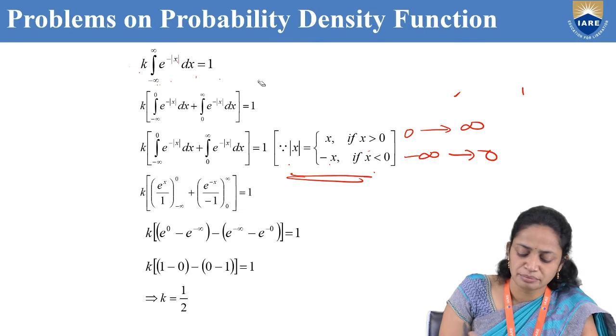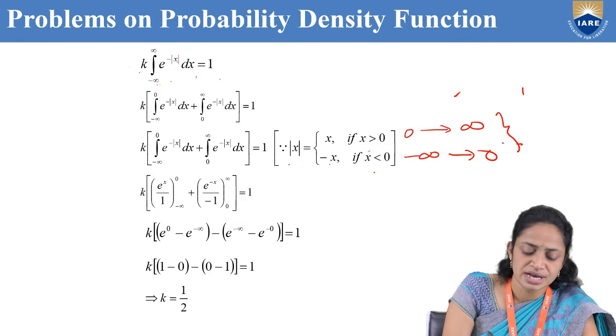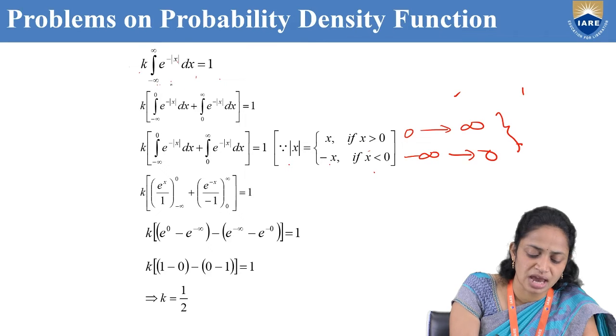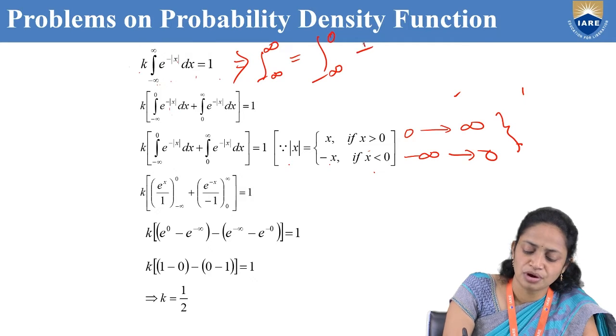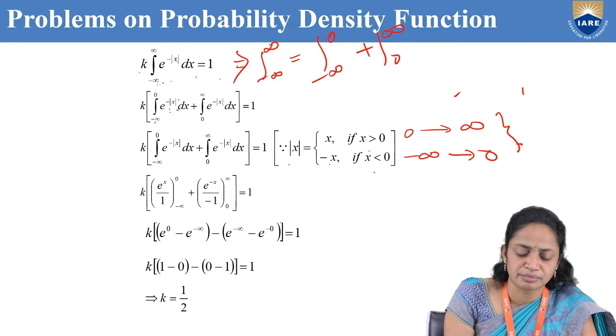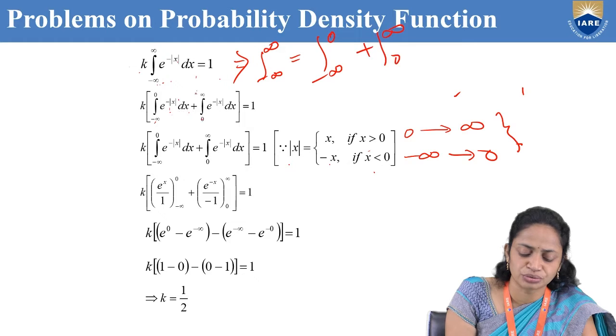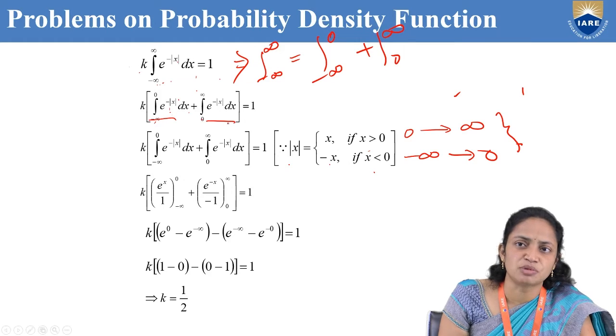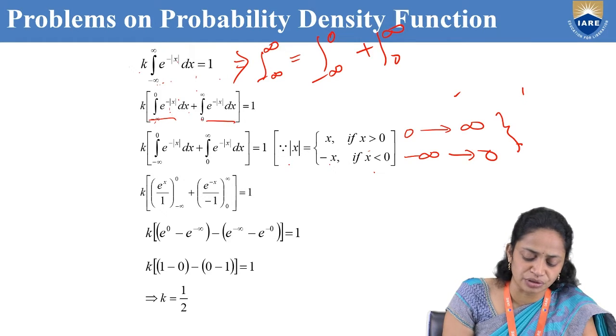So first of all, based on these limits, we have to split the limits like this. So minus infinity to infinity can be split into minus infinity to 0 plus 0 to infinity. So minus infinity to 0 e power minus x dx and 0 to infinity e power minus modulus of x dx, that is equal to 1.